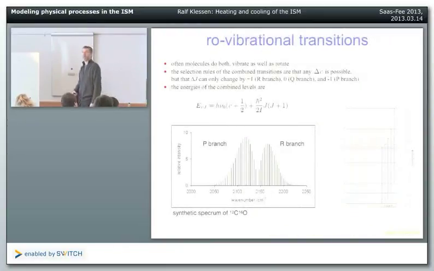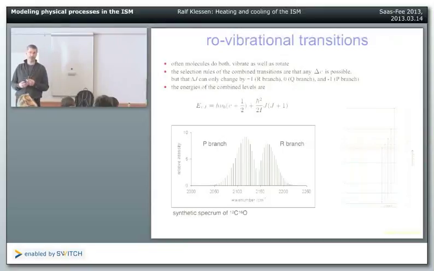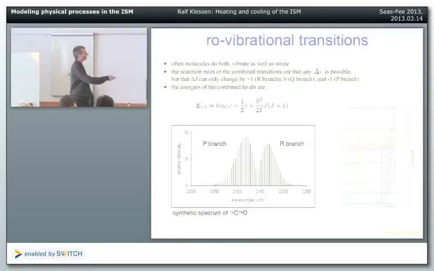Now, typically, you can combine all of these transitions. At least the rotational and the vibrational transitions are in the same energy range. So you have an energy difference of the state that now depends on V and J in such a way and gives rise to this very complex spectrum.